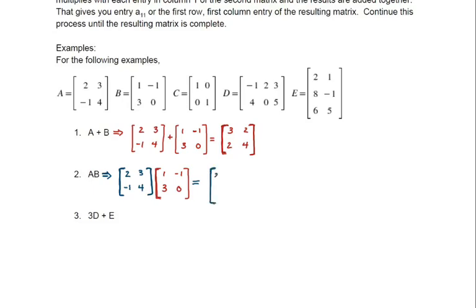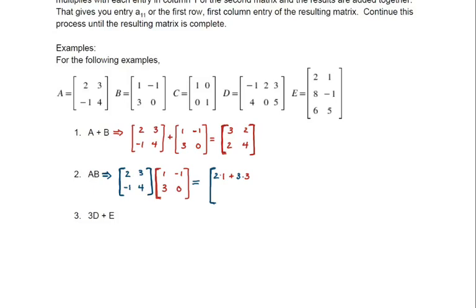I would take the first entry in row 1, which is a 2, and multiply it by the first entry in column 1 in the second matrix, which is 1. And I'm going to add that to 3, which is the second entry in row 1, times the 3, which is the second entry in column 1 in the first matrix, and that will give me my first entry.